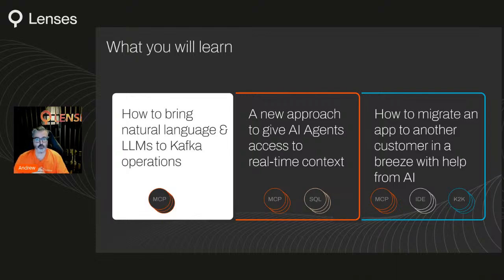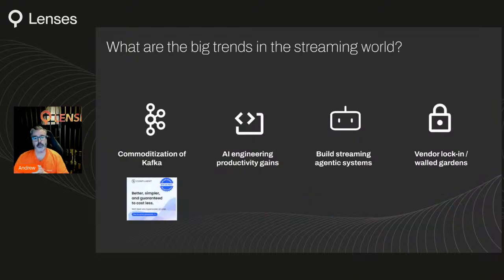So if we move on to the next slide, I just quickly want to talk about the trends that are happening inside of the streaming world at the moment. These are the four that we see. Commoditization of Kafka. I've been talking about this for years, actually. Everyone's got Kafka, different flavors of Kafka.